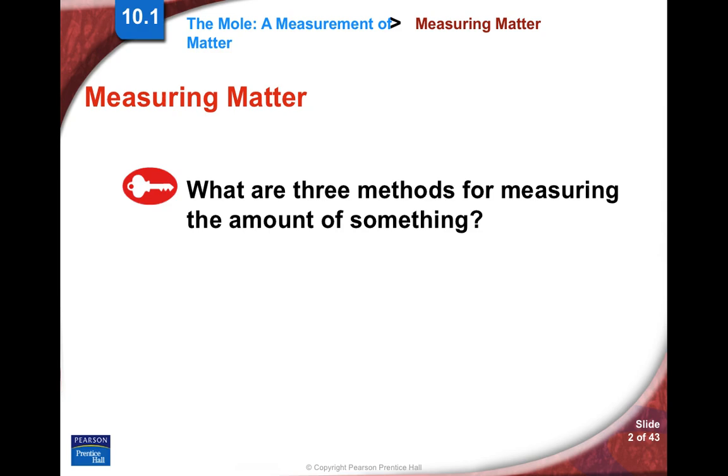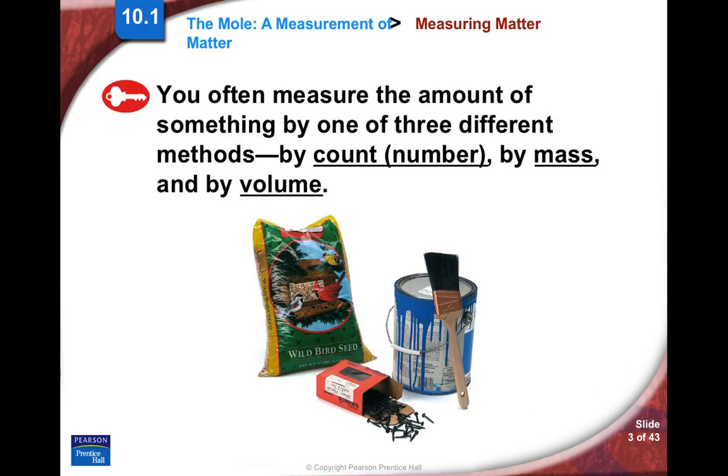There's 3 different ways that we can measure the amount or quantity of something. You've done this before. You can go buy pounds of birdseed or dog food or cat food or whatever. You can buy gallons of paint, so that's volume. The pounds would be mass.